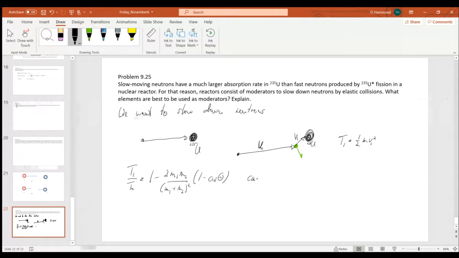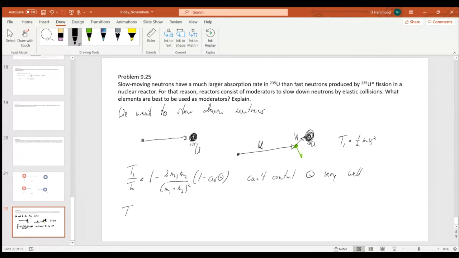So we can't control theta very well. That's pretty obvious, because this is going to be a sea of neutrons hitting a whole bunch of these particles that are slowing down to hit uranium, and uranium is going to be in some solid shape. So we can't really control theta. So this is kind of unknown, but we want to minimize T1, this kinetic energy after this interaction.